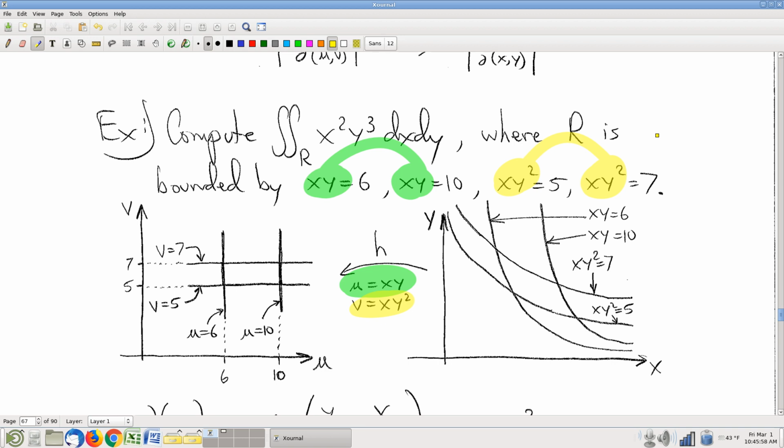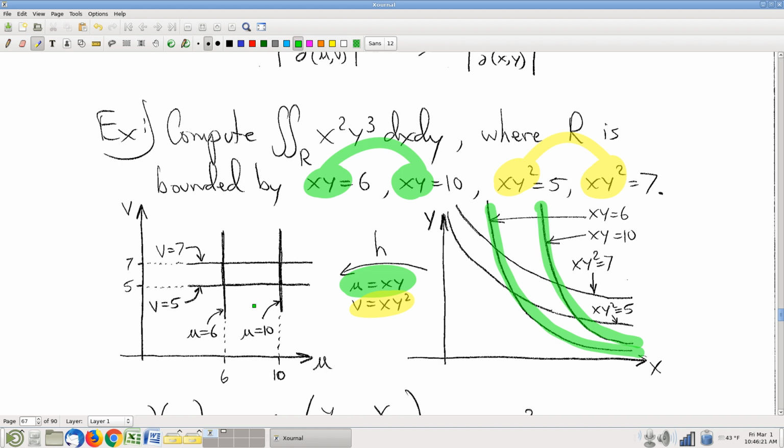Right? Now, I'm choosing to do that. I don't have to do that, but those equations were given, and I'm going to make this choice, and we're going to see now why that's a really useful choice. So now I can look at these equations. The equation xy equals a constant over here gives you a couple of hyperbolas.